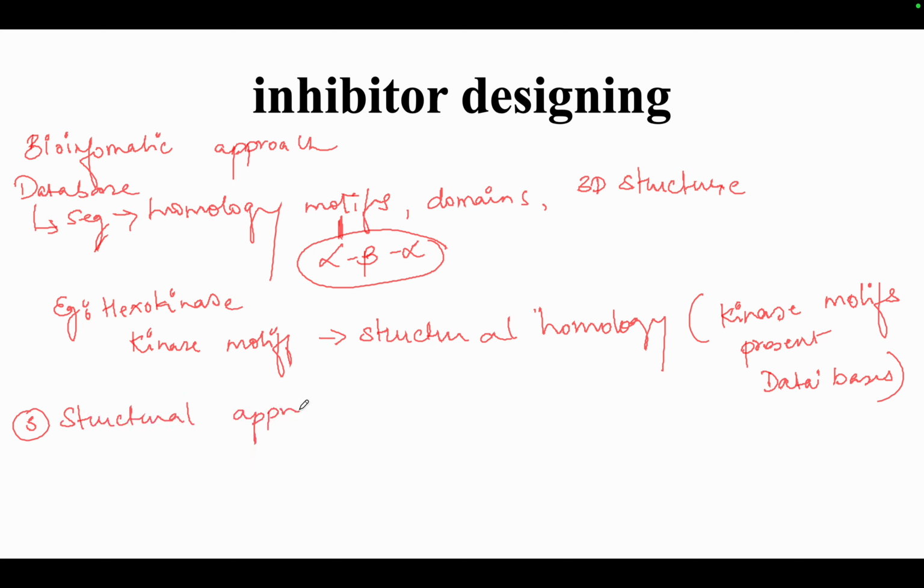Structural approach. So there are thousands of databases which have different motifs, like kinases, hydrolases. There are different motifs which have a homology with kinases, hydrolases, and other classes of enzymes, and we could actually match these 3D structures with our enzyme and find out whether the active site has a kinase domain or a hydrolase domain.